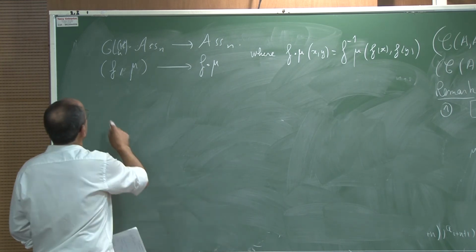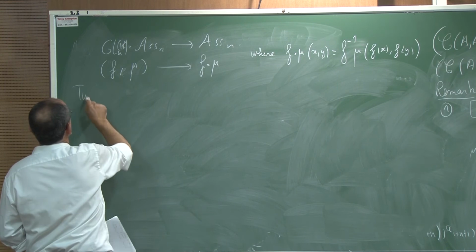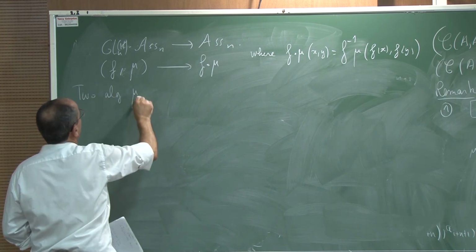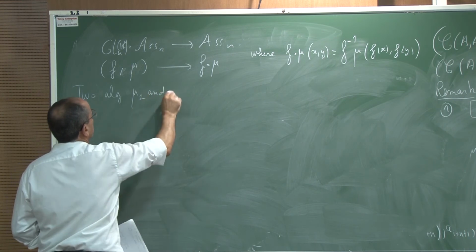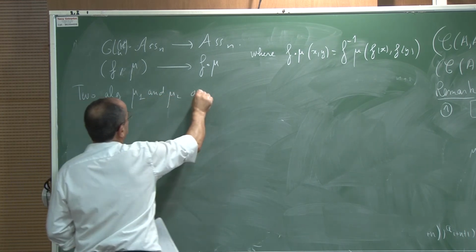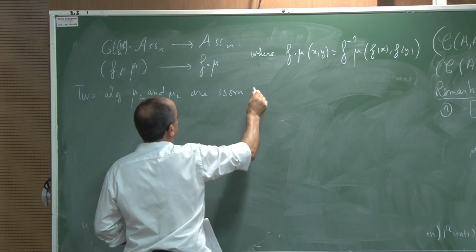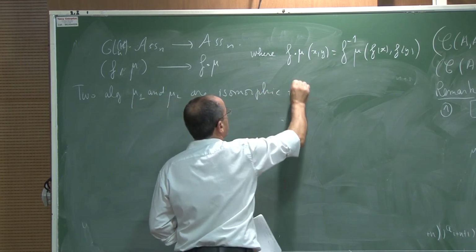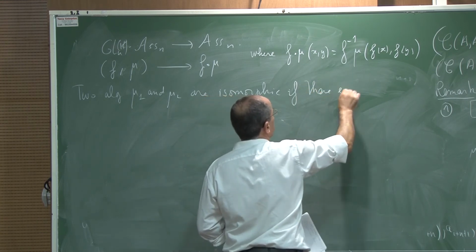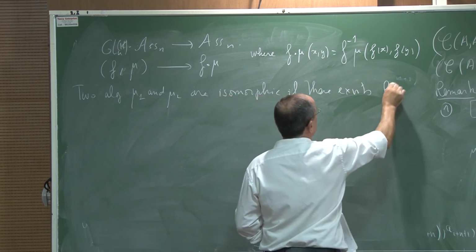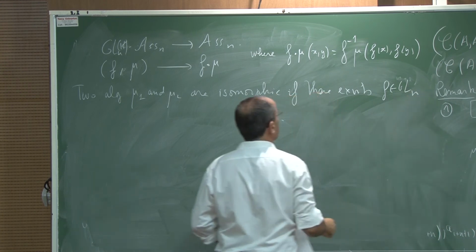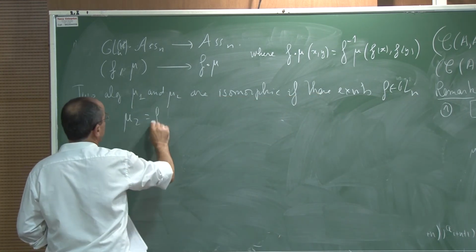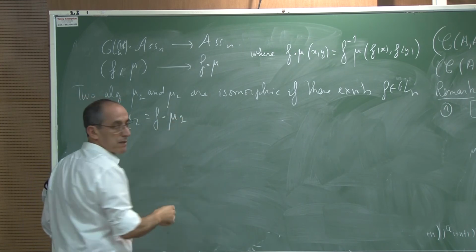Then we can say that two algebras mu1 and mu2 are isomorphic if there exists F in GLN such that mu2 is F mu1.